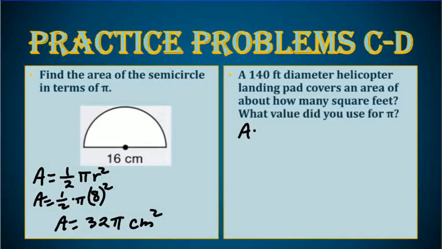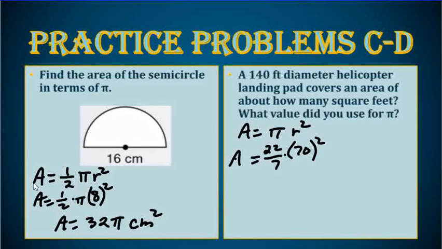So area equals pi times radius squared. Our radius would be 70. And then for pi, since I know that 70 is divisible by 7, I'm going to use 22/7 as pi.